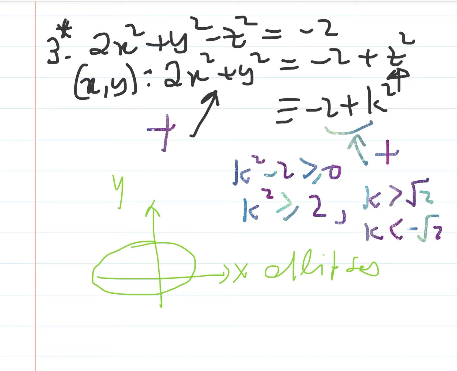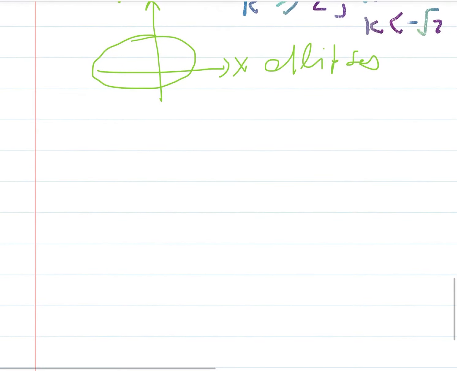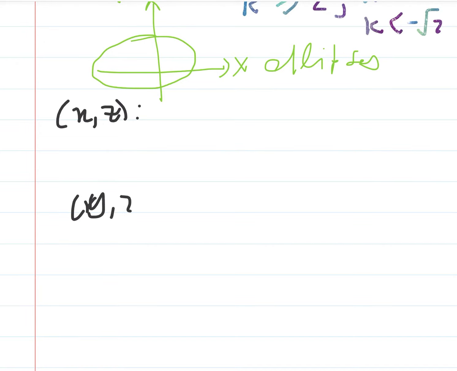Bear in mind that z cannot be between minus root 2 and root 2. Okay, so now let's look at what happens in the other coordinates. Now we're looking at the xz coordinates and the yz coordinates.